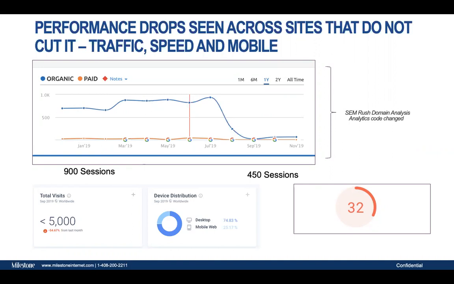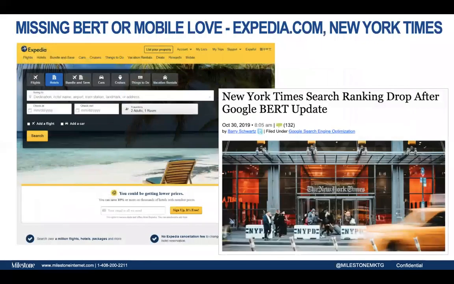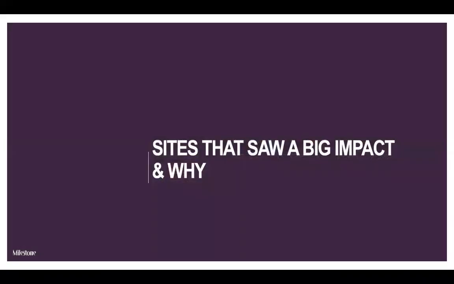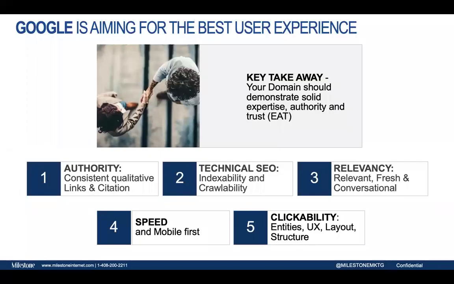Now, all of this reinforces the fundamental 5 factors that we talked about, and for the sake of reiterating, it is going to be this slide. I want to make sure that you understand authority, technical SEO, relevancy, speed, and clickability. None of this has changed in the last couple of years.